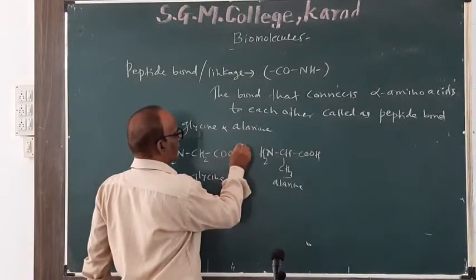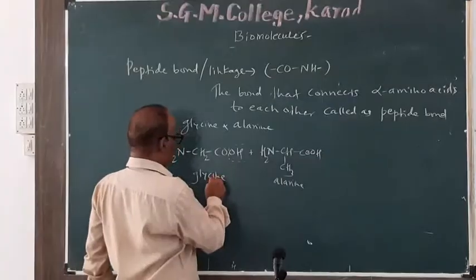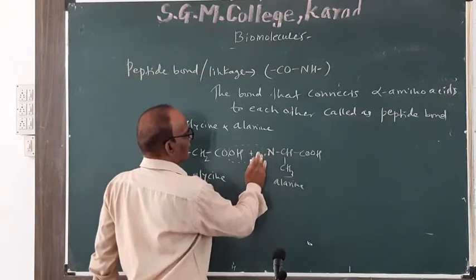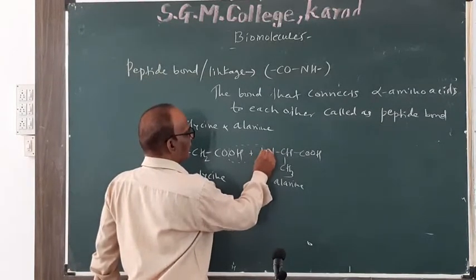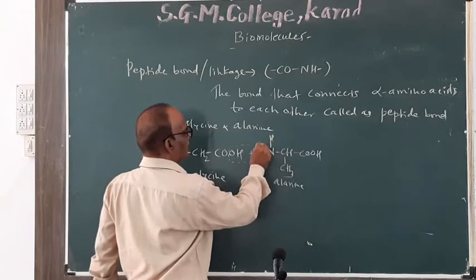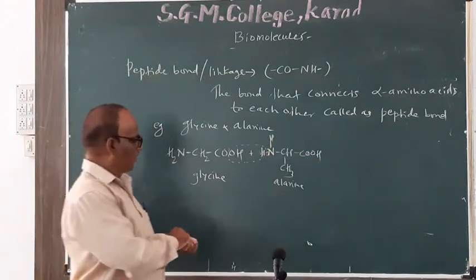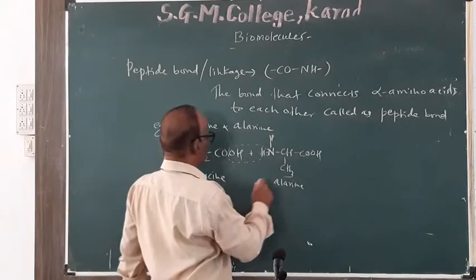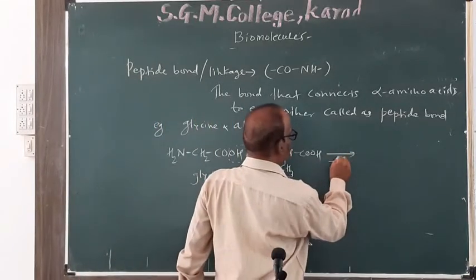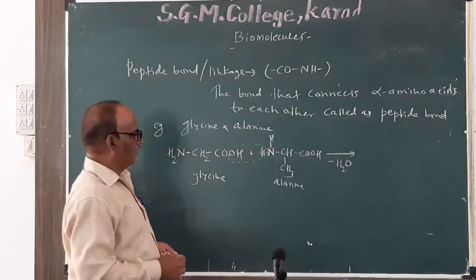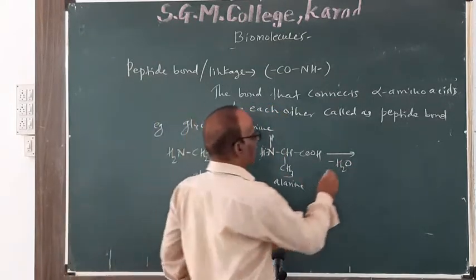So here the OH group from glycine and H from this NH2, here we write separately NH and H means NH2. So this hydrogen atom from NH2 and OH from this glycine are eliminated as a water molecule, -H2O. Then these two compounds are joined.